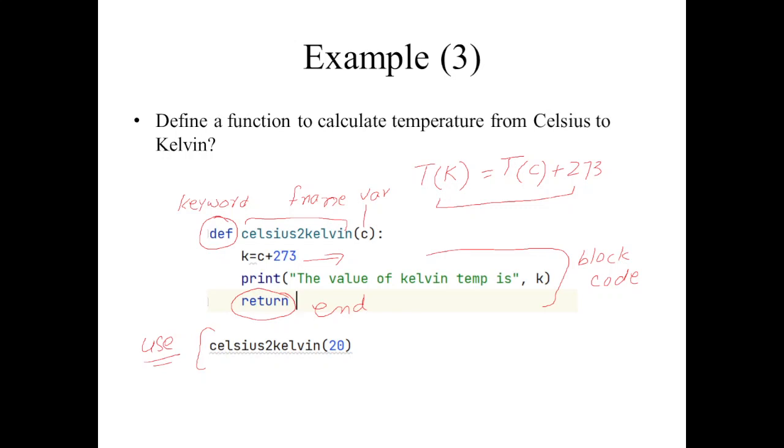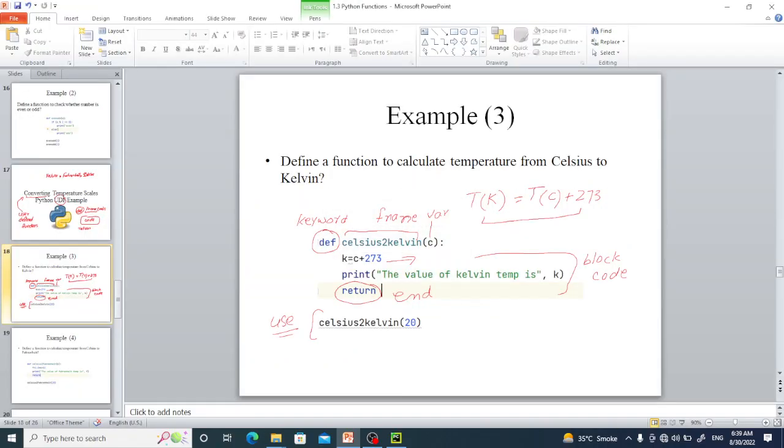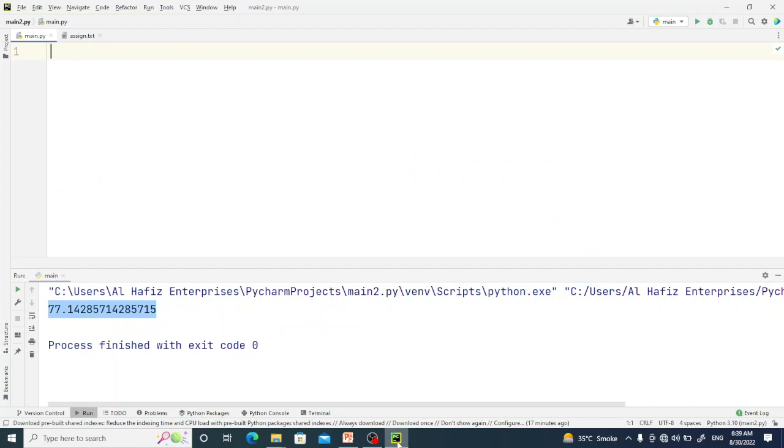So let me implement this example at a software called Pycharm, which uses Python language as a coding language. So first I will define a function here, and then I will use the function name. Let me use it as Celsius to Kelvin, and then I will use a variable.